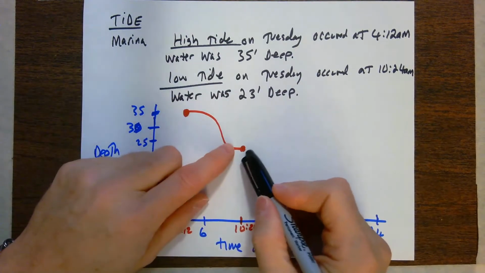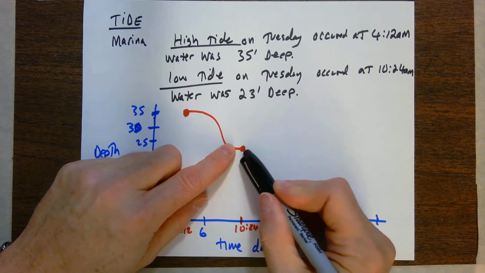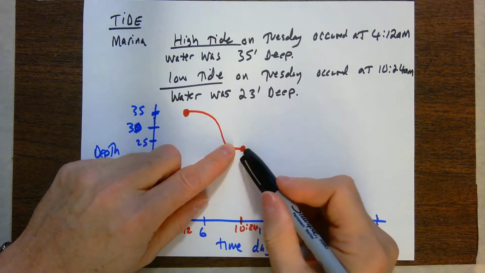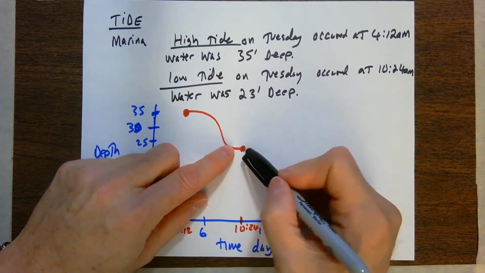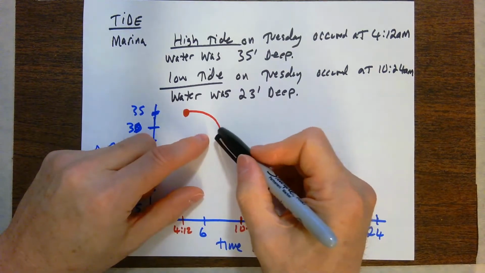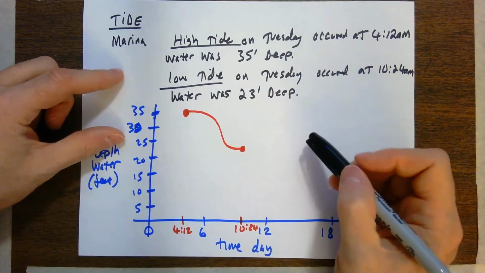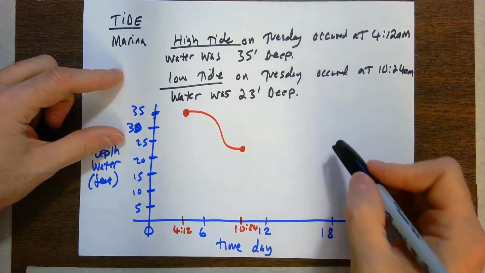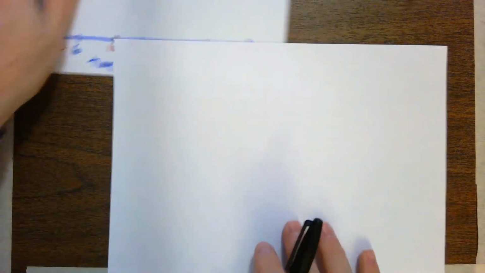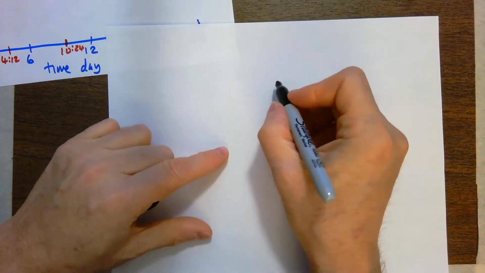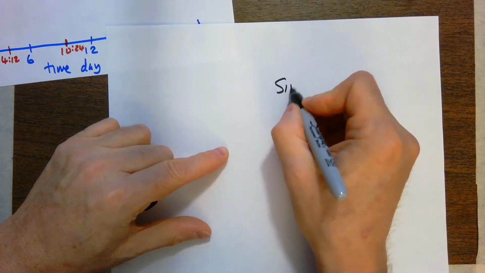If I knew, I could write it as a sine formula using this point right here, my lowest point going down. Oh no, that wouldn't be sine. Sine would be in the middle going up. Sine starts in the middle going up. Remember, real quick, we need to recognize these things.